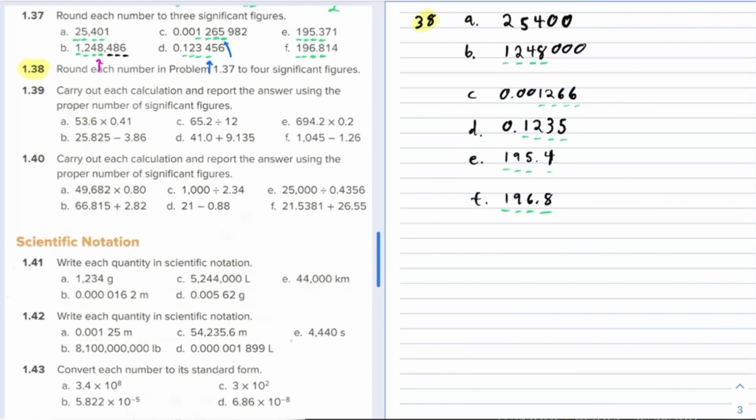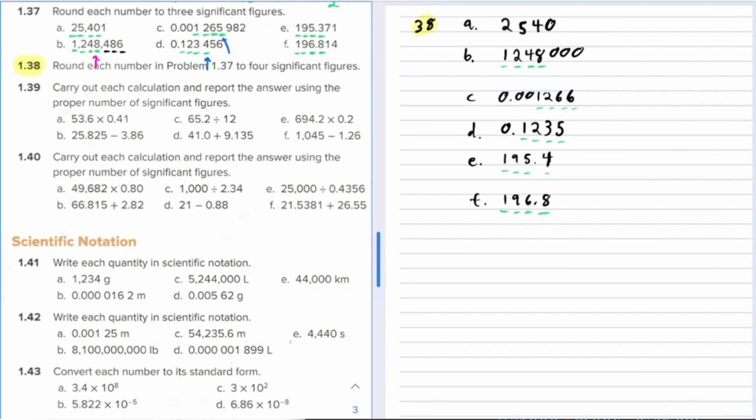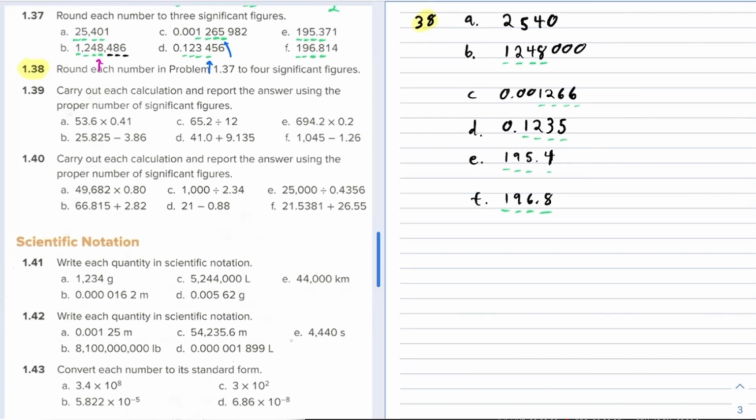You have to put that 0 at the end, because if you don't, that's 2,540. This number is 25,401, so you need to keep that 25,000 there. Put that 0 back there to keep the same magnitude.